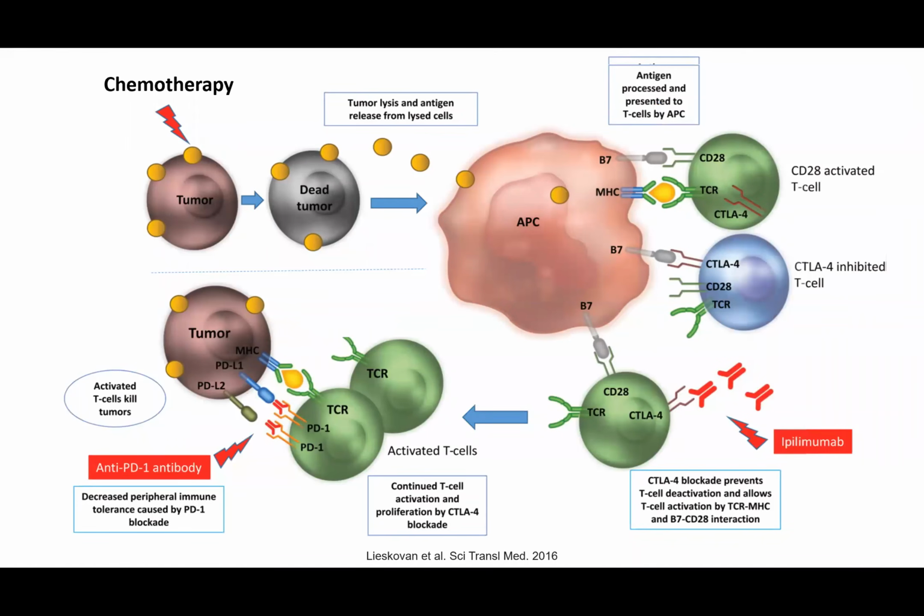So if we can imagine here, this is just a schematic diagram to illustrate the whole concept. When cancer cells are treated by any type of therapy, for example chemotherapy, because some chemotherapy can initiate an immune response, the antigens are released from the dead tumor cells and internalized into the antigen presenting cells.